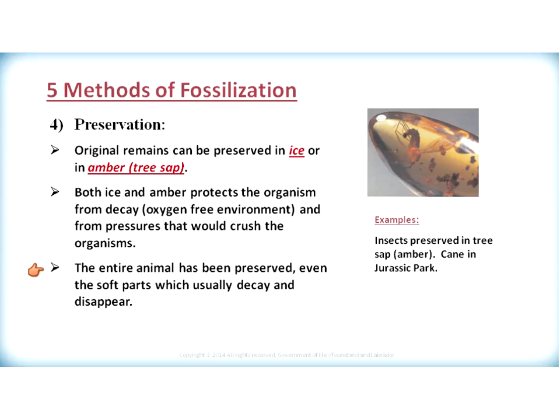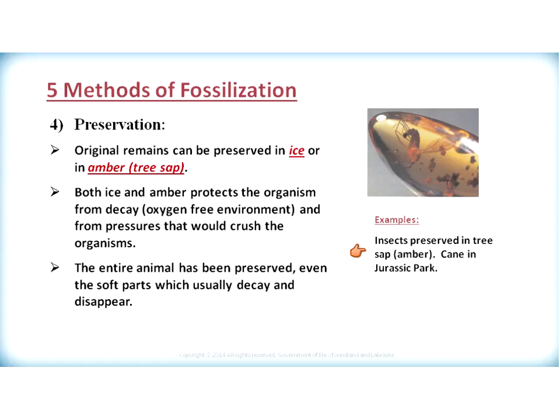The entire animal has been preserved, even the soft parts which used to decay and disappear. This type of fossilization is commonly called fossilized intact, where the organism retains all of its structure, soft and hard parts. In the diagram to the right, we see some fossilized amber, which has a mosquito that existed in prehistoric times.